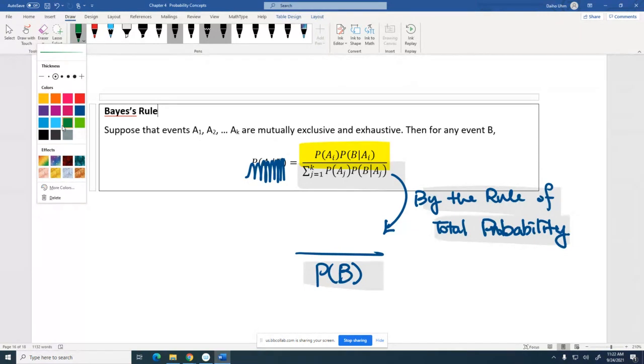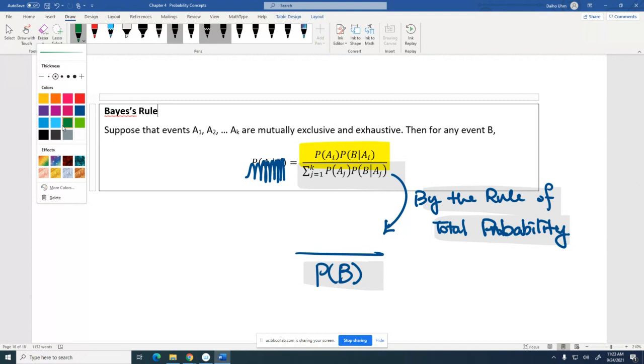On the right-hand side of the general multiplication rule, there was the probability of A times the conditional probability of B given A, which was equal to, who was on the left-hand side? The joint probability A and B, right?